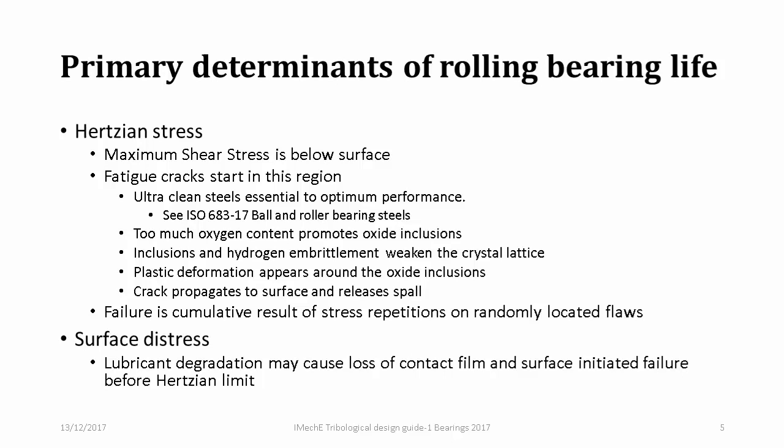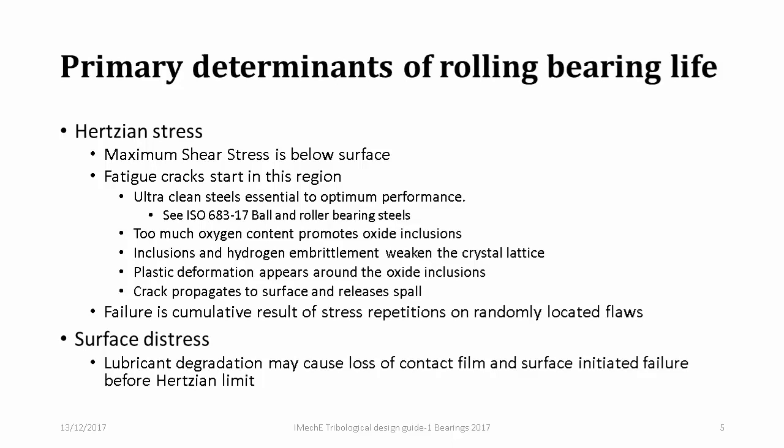They tend to be triggered by discontinuities in the crystal matrix of the steel. So to make rolling bearings really successful, we use ultra-clean steels, and there is an ISO 683-17 which defines the composition of this type of steel. We have to avoid too much oxygen content because that promotes oxide inclusions, and inclusions and hydrogen embrittlement weaken the crystal lattice.